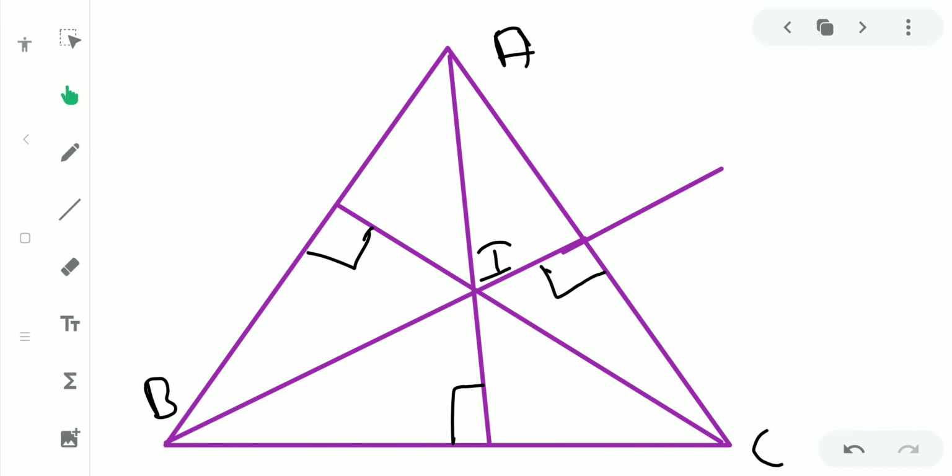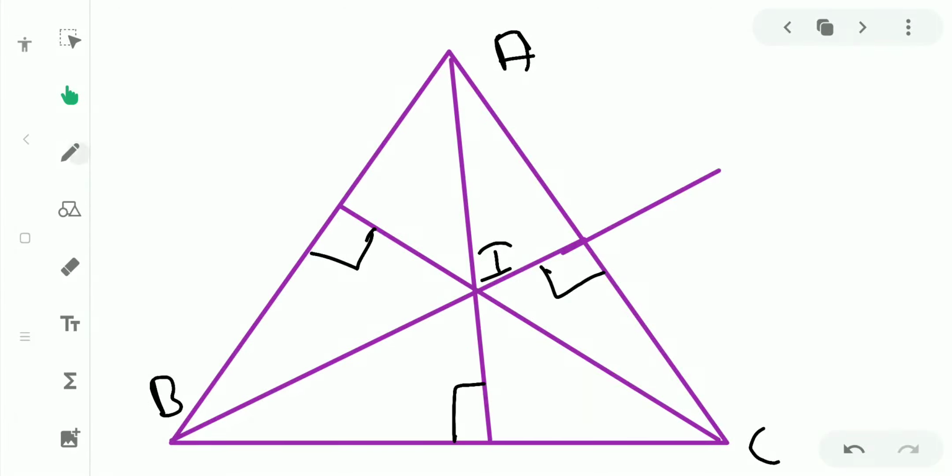So now let us also name these points where these bisectors are pointing out.